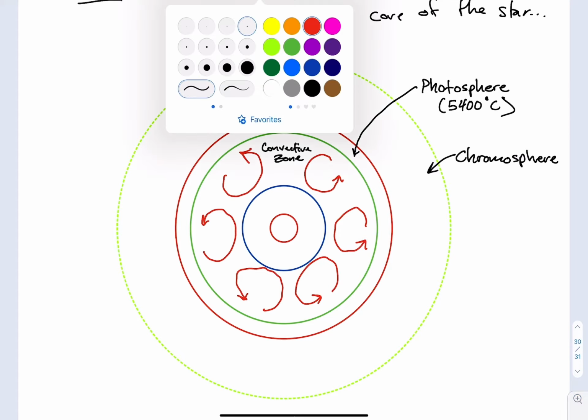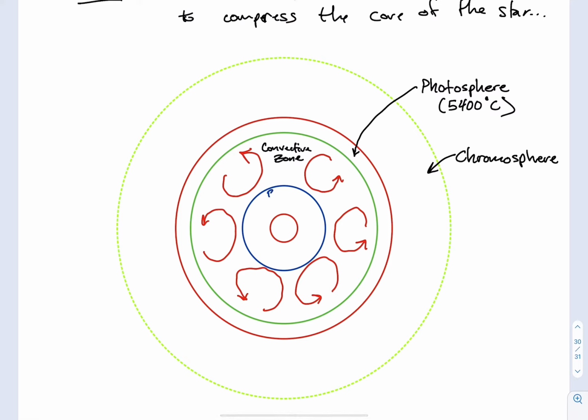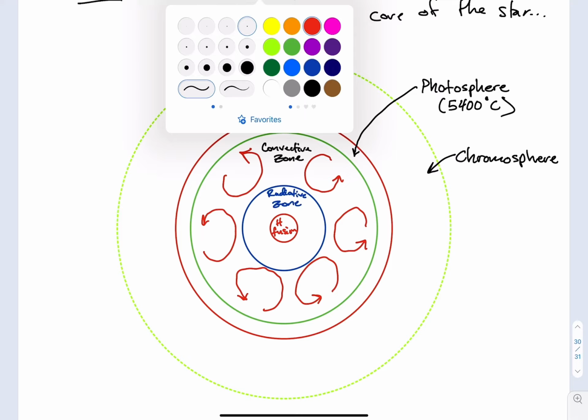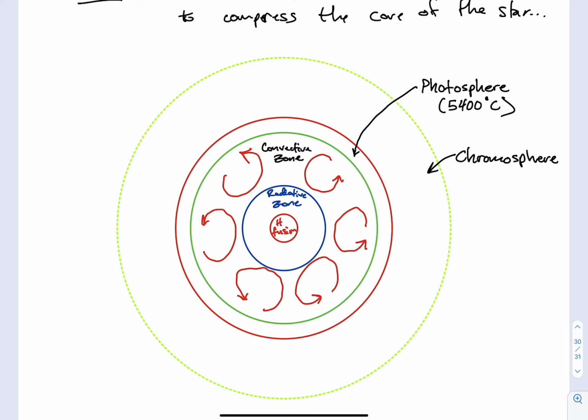The next zone is called the radiative zone. And we can label the inner part the core, and this is where the hydrogen fusion is undergoing. If you recall from our discussion of hydrogen fusion, or the proton-proton chain, hydrogen nuclei are being compressed by the forces due to gravity until they create helium and a bunch of excess energy.